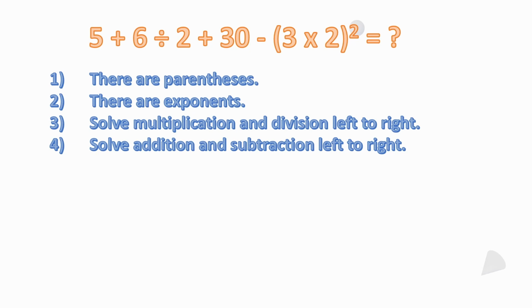Number one, we start with what's inside the parentheses. Then the next thing are exponents, which we do have. Then we solve multiplication and division left to right, remembering that multiplication and division have equal precedence. And then finally, we solve addition and subtraction left to right. Addition and subtraction also have equal precedence.